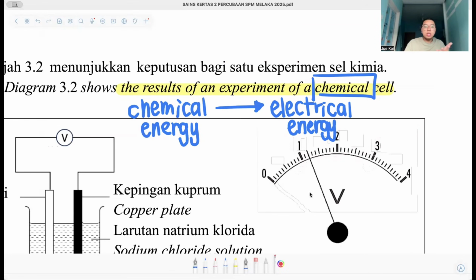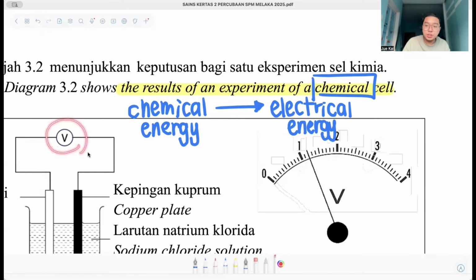Really easy. I want to produce electrical energy, so I don't need the assist of electric. Do you know what I mean? So I don't need battery here. So I just need the voltage here.